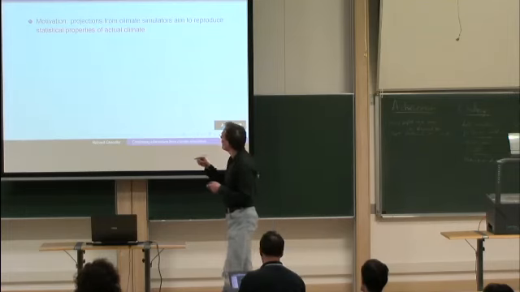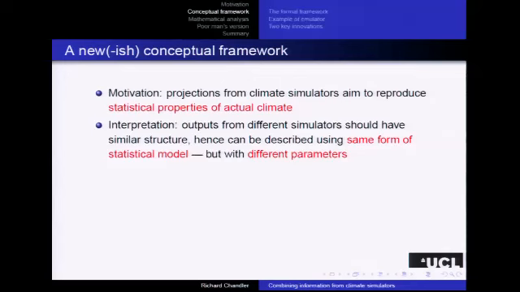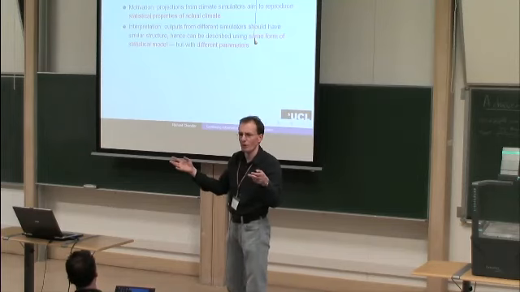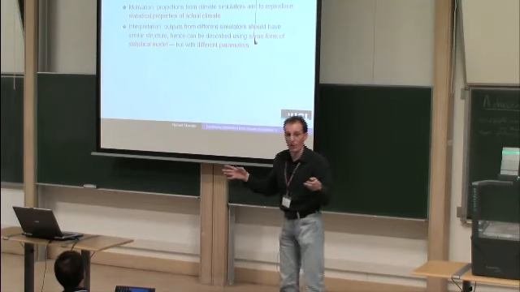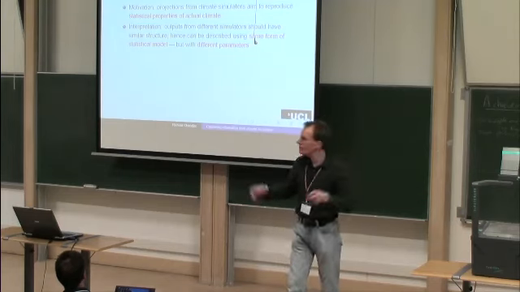They are intended to get, say, the mean climate right or the variation right. So they won't give you the exact temperature in Cambridge on the 1st of January 2070, but the PDF, in an ideal world, would be about right, averaged over some space and time scale.